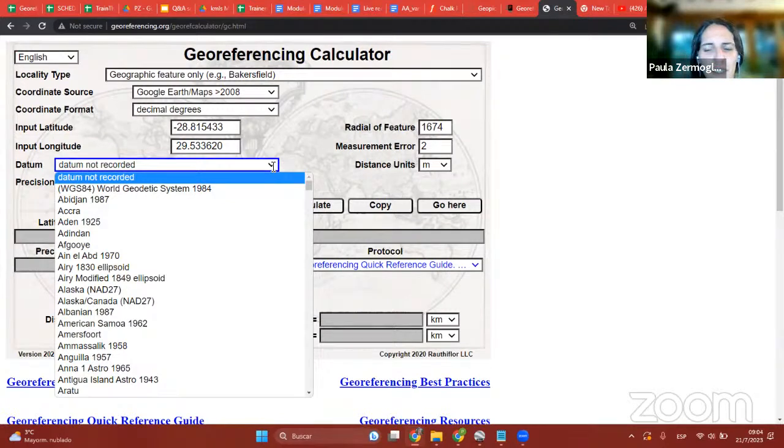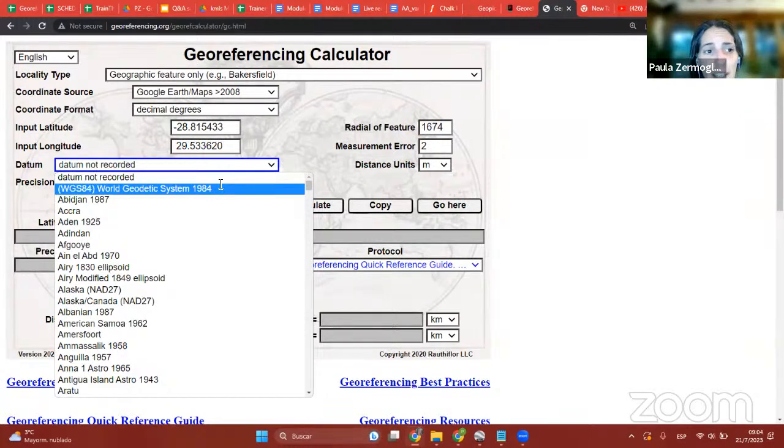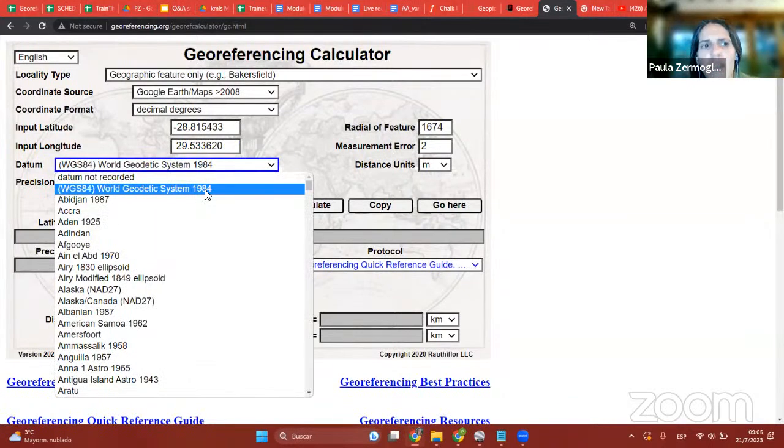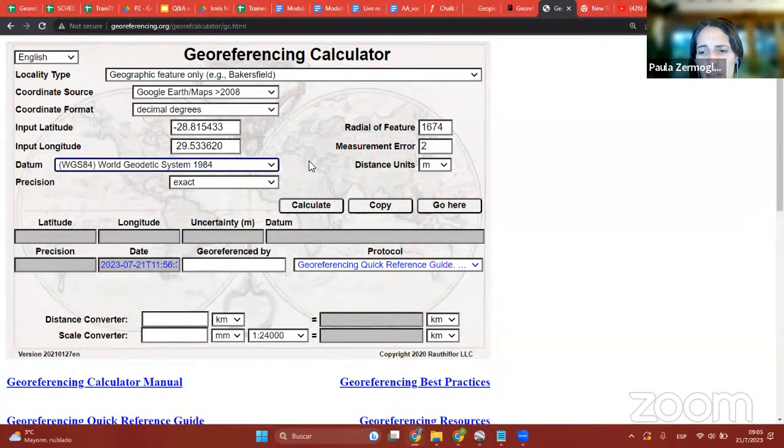Okay, we have several votes for WGS84, and that is correct, it is WGS84. Why? Because the coordinates we're getting from Google Earth, and Google Earth uses that datum. So if we get the coordinates from Google Earth, the datum is WGS84. So we have completed all the parts about the coordinates.